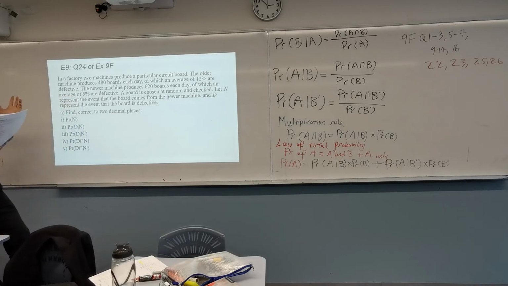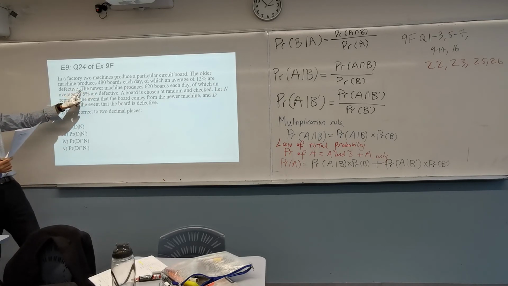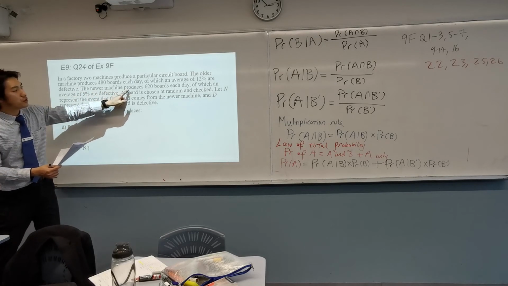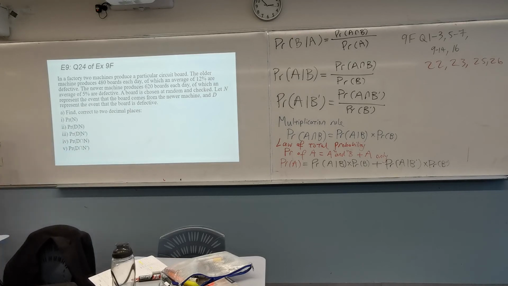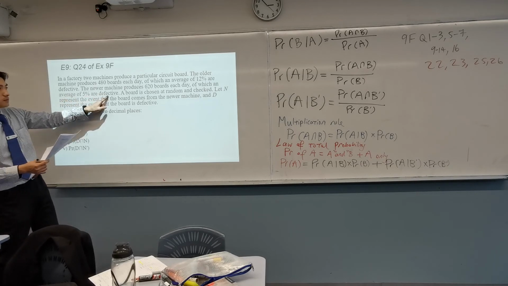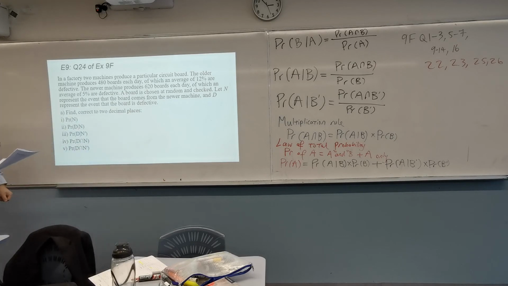That's actually a conditional probability statement because we're only looking at the older boards. In the next sentence, they give you some information about the newer machine. The newer machine produces 620 boards each day, of which, that's the conditional part, an average of 5% are defective. 5% of 620 are defective.